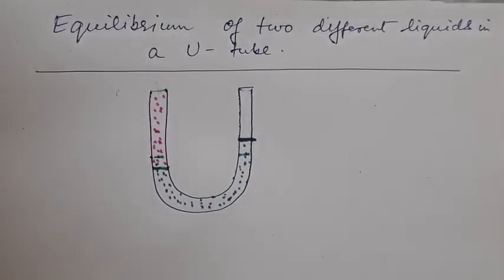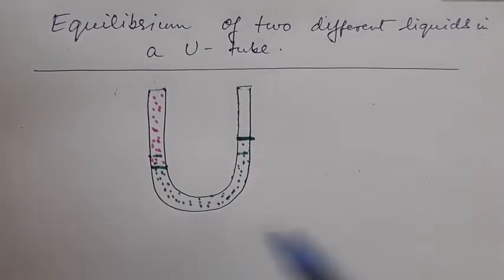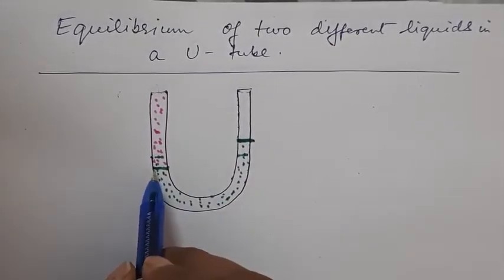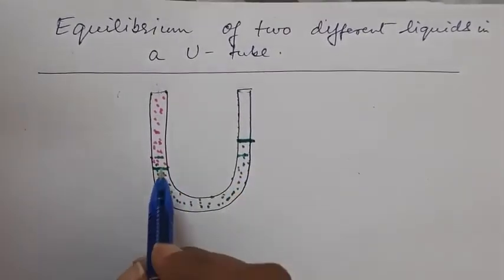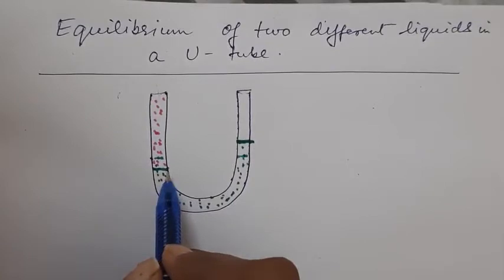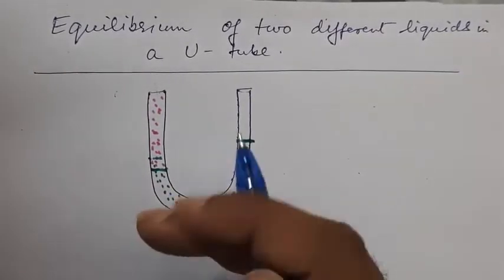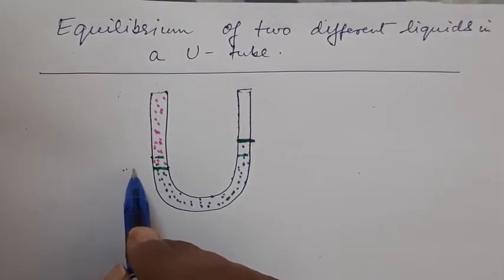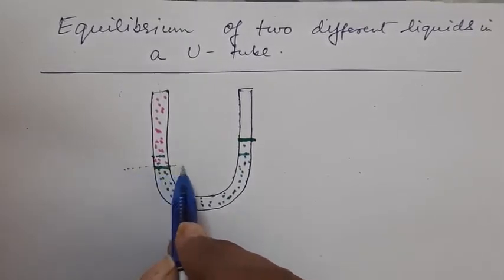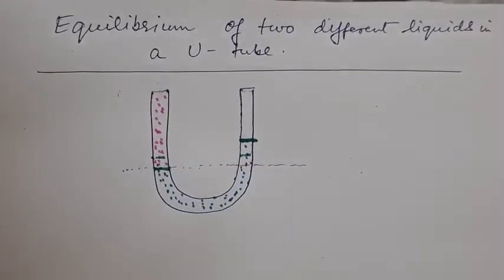Now, how to solve these problems is very simple. The last level, or the lowermost level that we can see here, is this one. We will be drawing an imaginary line like this.